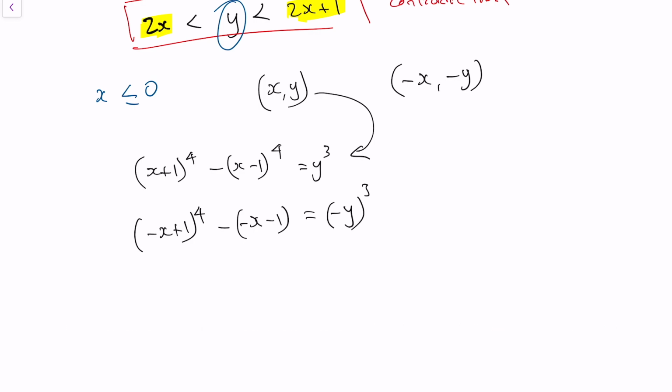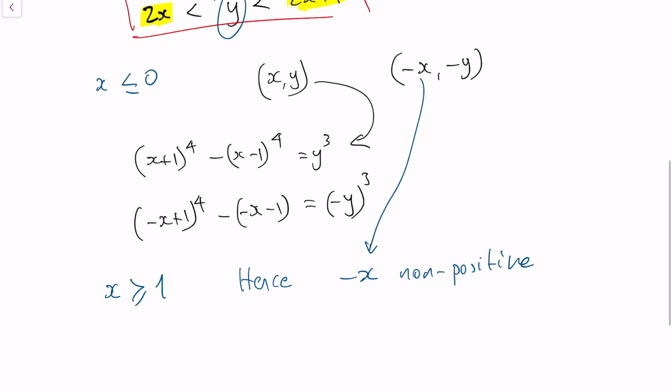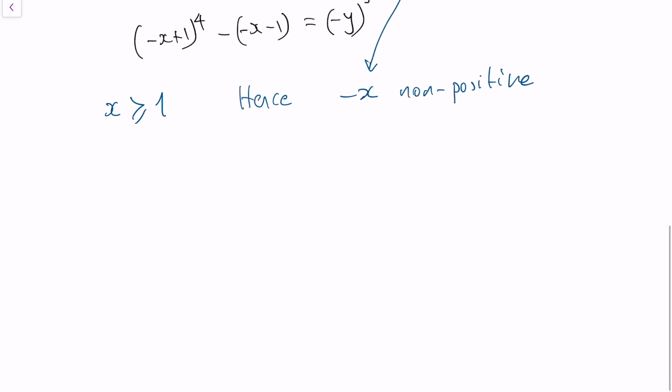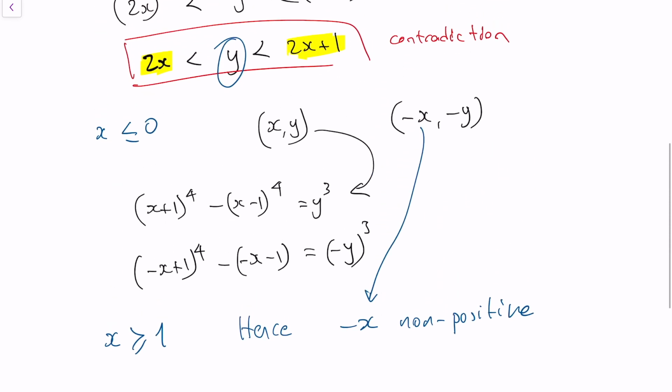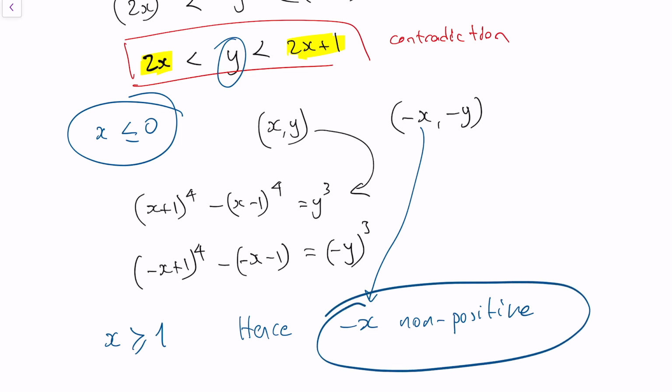But we have shown that for x greater than or equal to 1, there are no solutions. Hence, minus x must be non-positive. But then we said x has to be non-positive here. And now we are saying minus x must be non-positive there.